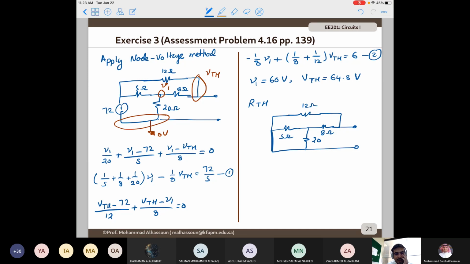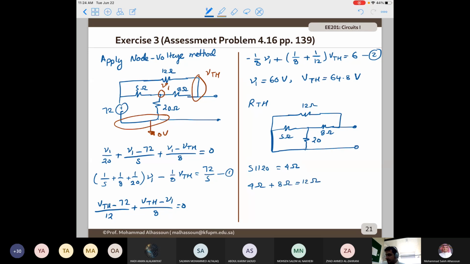So you see here I deactivated the 72 volt voltage source by replacing it with a short circuit. Now what is the equivalent resistance here? I have 20 ohm in parallel with 5. This is going to give me 4 ohm. Then I will have 4 ohm in series with 8 ohm, and this series combination will be in parallel with 12 ohm.